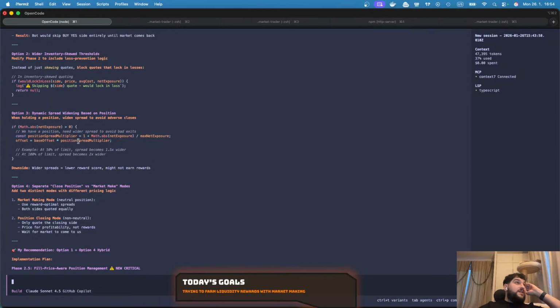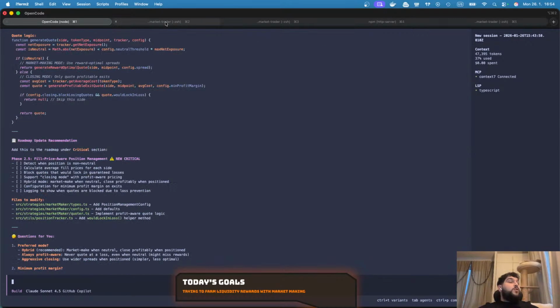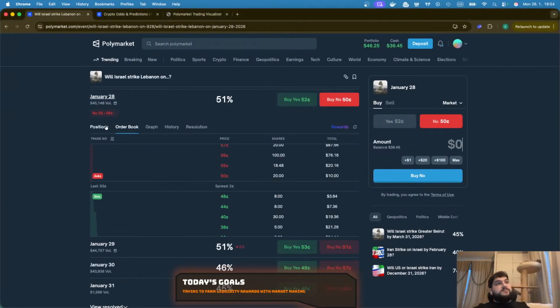Okay, so basically what we saw now is that we sold yes at 45 cents, and then our bot was still trying to follow the market making rules for the reward getting, and it was not aware of how much our position cost, and it was just sending the orders.